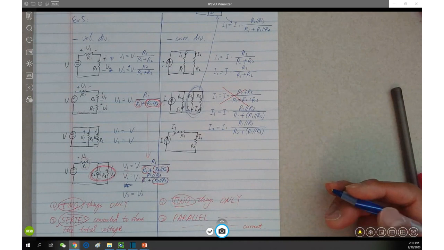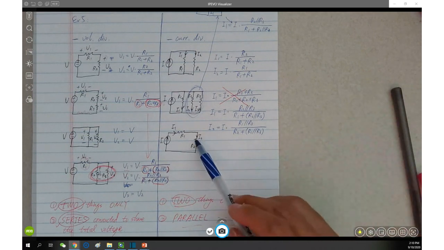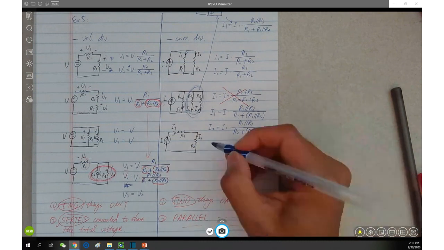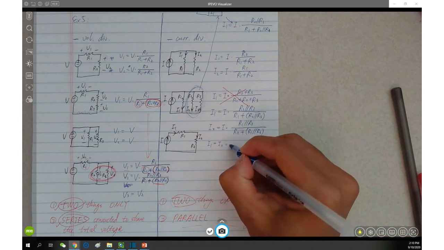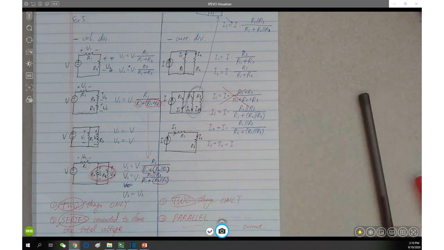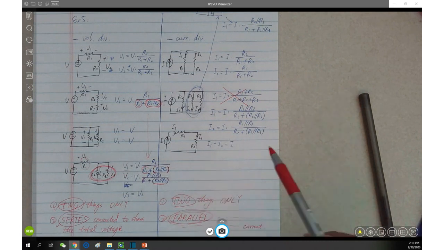Okay, thanks. And then the third circuit here, once again, is a tricky question, right? I1 equals I2 equals I. Two resistors connected in series, violating the second principle. Here, you're talking about current divider, but it must be two things in parallel, rather than two things in series.